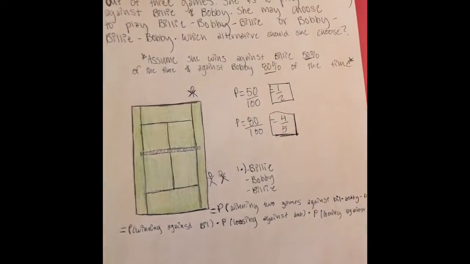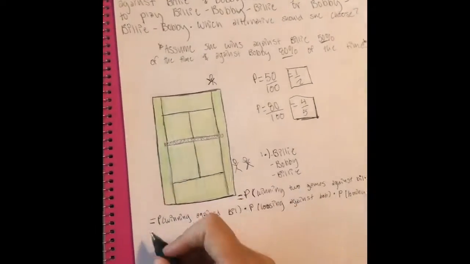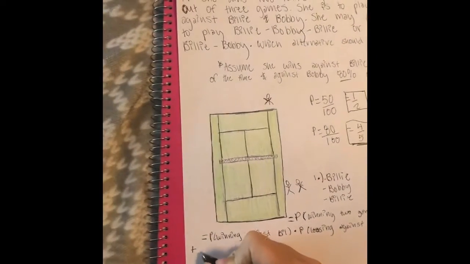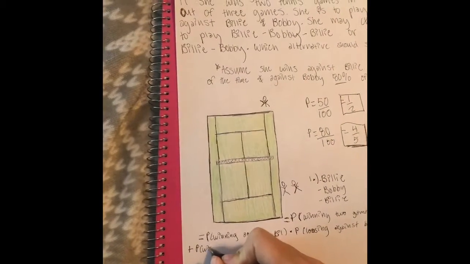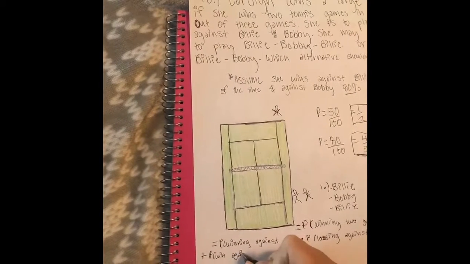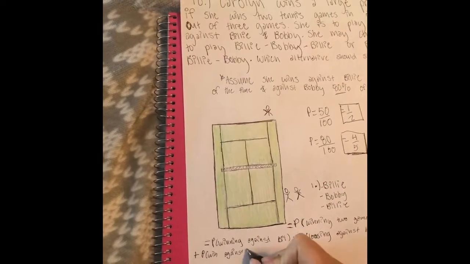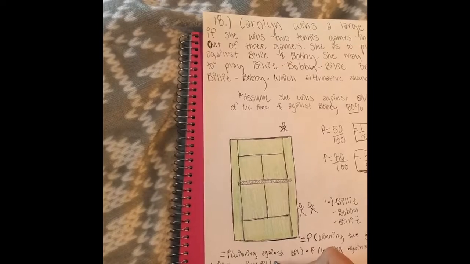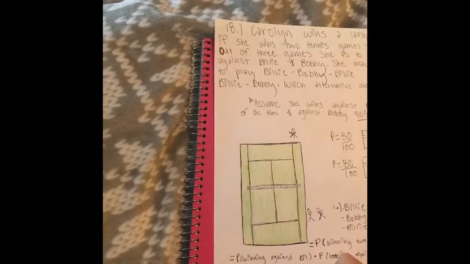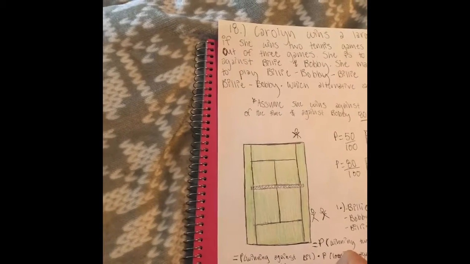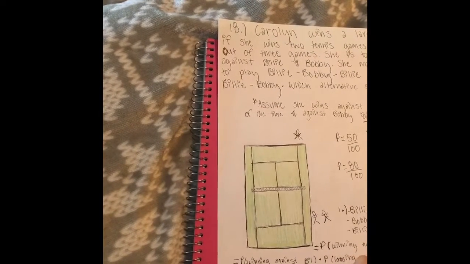So after that, our next combination in this order, so we would add the probability of winning against Billy times the probability of losing against Bobby.